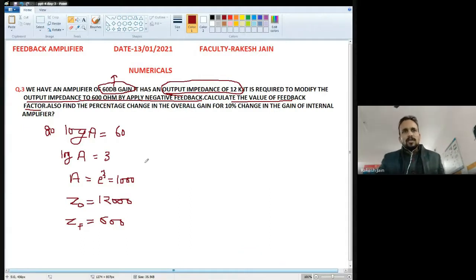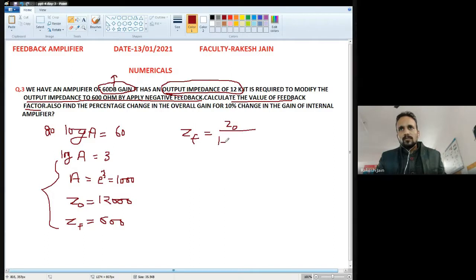Okay. So we have already proved that the output impedance of a feedback amplifier decreases due to negative feedback, and yesterday we proved that the output impedance ZF is equal to Z0 divided by 1 plus A beta. So we have to find out first the value of beta.